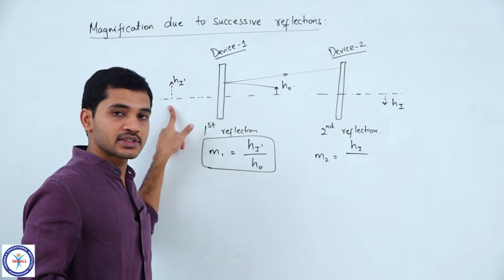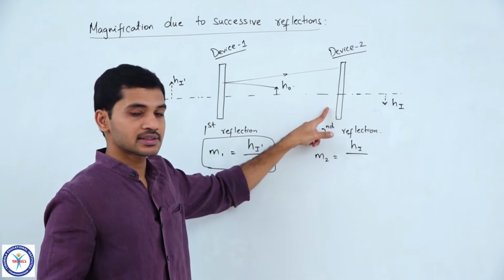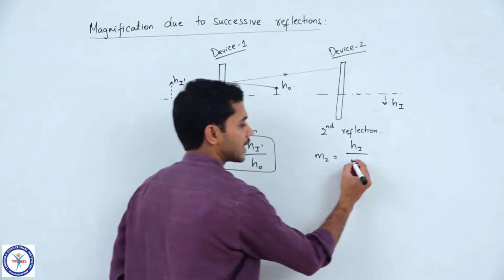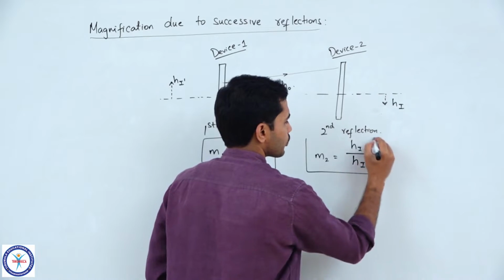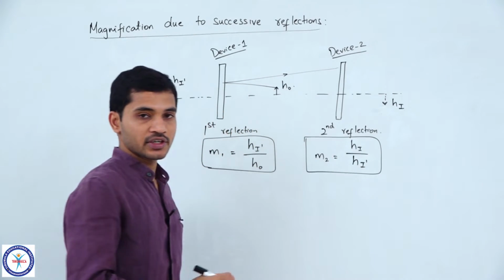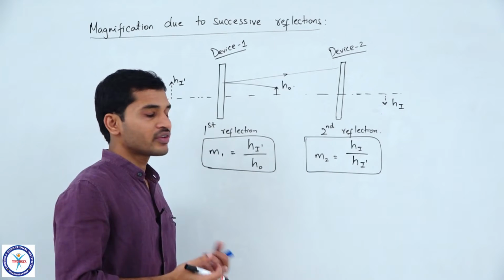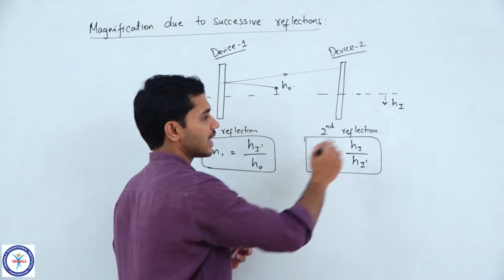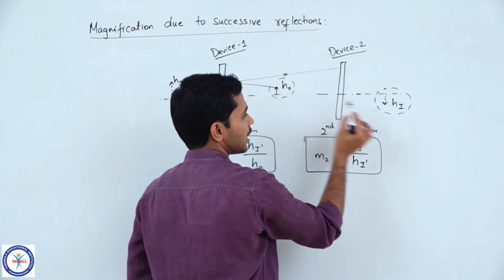This hi dash is the object for device 2, so its height should be considered as the object height as far as device 2 is concerned. So, I can write it as hi dash. Okay. So, I have found the individual magnifications produced at each of these reflections. Now, what we are concerned with is that we have placed an object and finally attained the image over here, let us say. So, this is our object and this is our image.